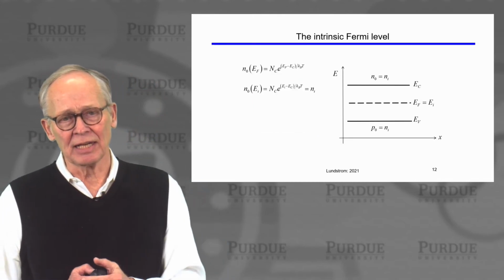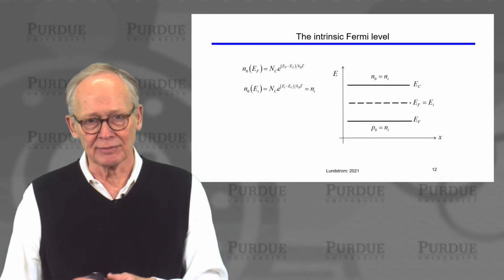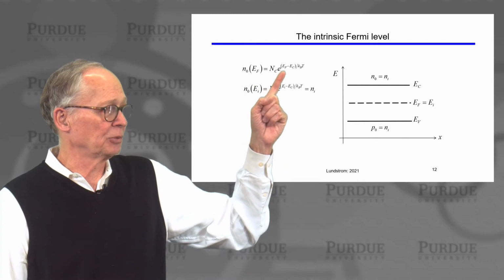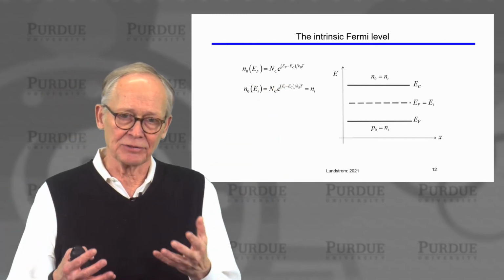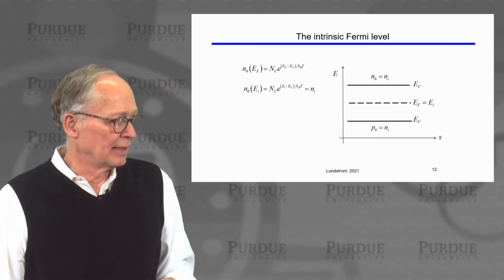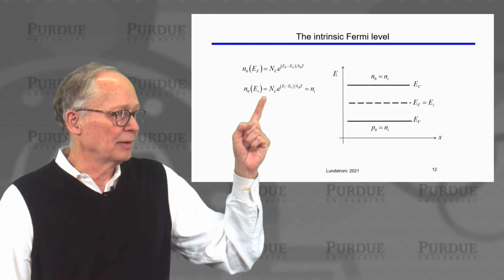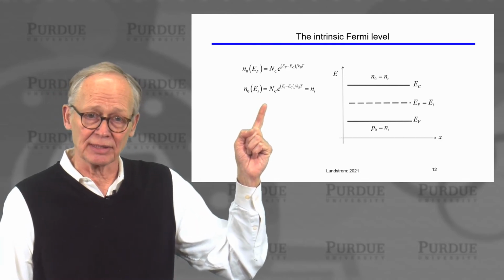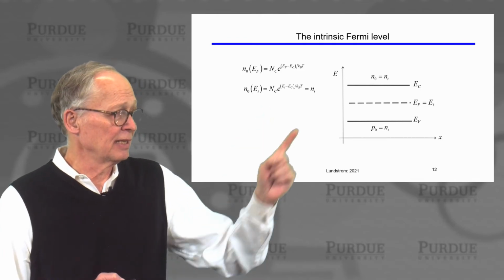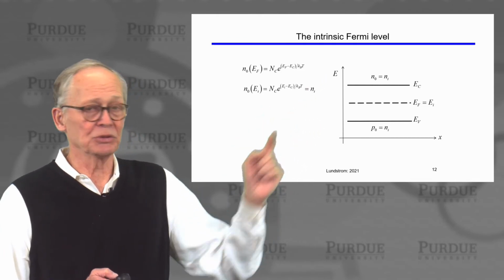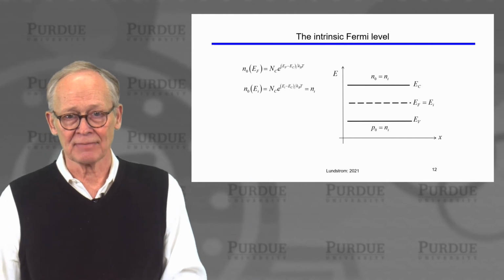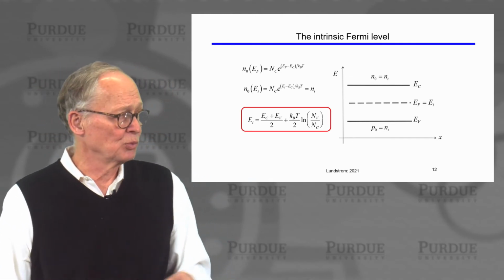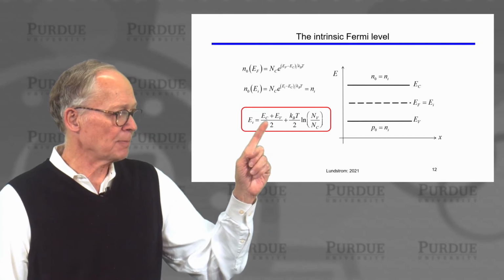Well, that brings in this concept called the intrinsic Fermi level or the intrinsic level. So the electron density is related to the Fermi level by this standard expression. If we locate the Fermi level at a location we call the intrinsic level or the intrinsic Fermi level, then the electron density will be equal to its intrinsic density. And we can solve for the location of that intrinsic level. We'll get this expression.